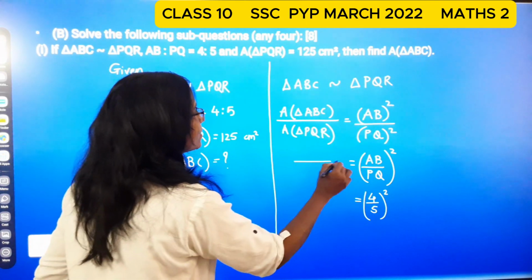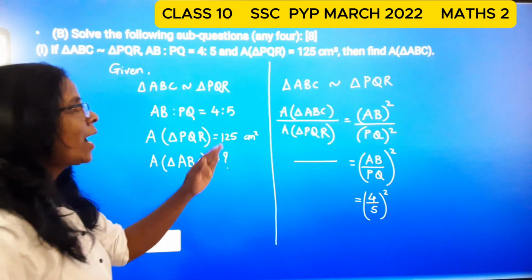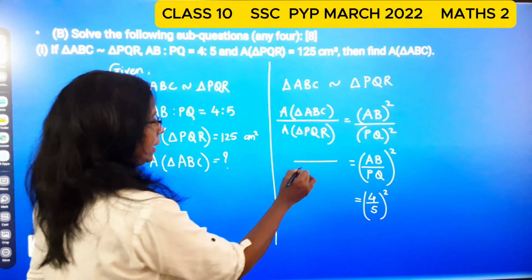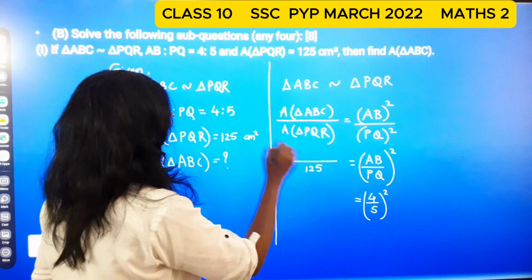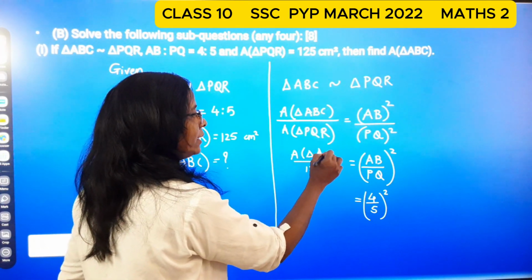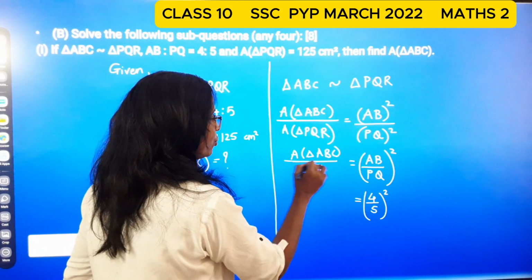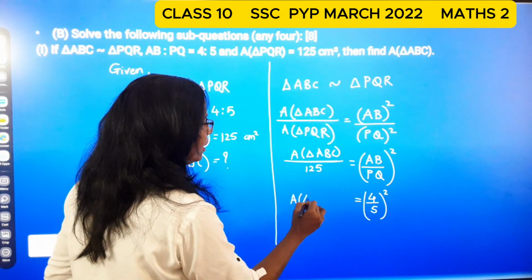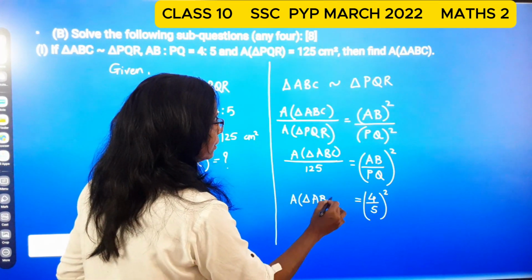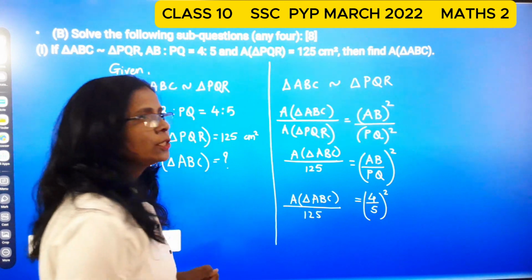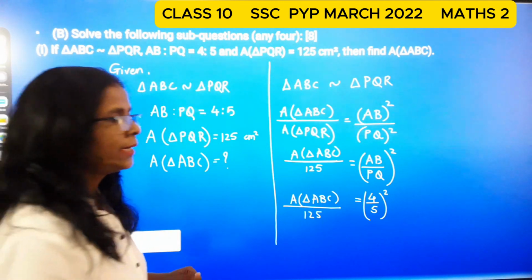Now here students, area of triangle PQR is given, and we have to find area of triangle ABC, so write as it is. Okay, so now here area of triangle ABC upon 125 is equal to 4 upon 5 whole bracket square.